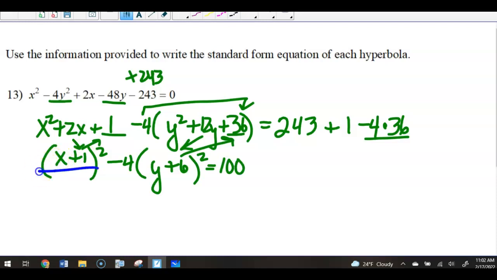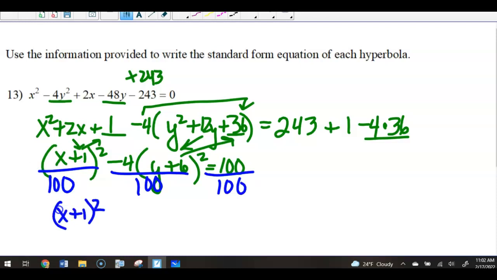All right, then I just divide everything by 100. This leaves an x plus 1 squared over 100. This leaves a y plus 6, and 4 goes into 100 25 times. And I get a 1.